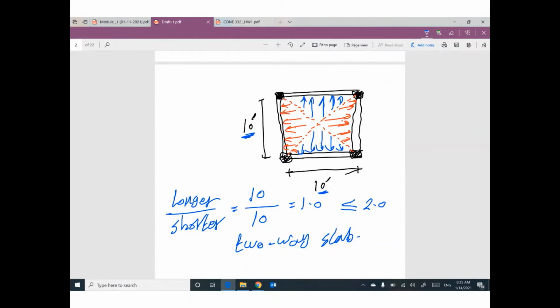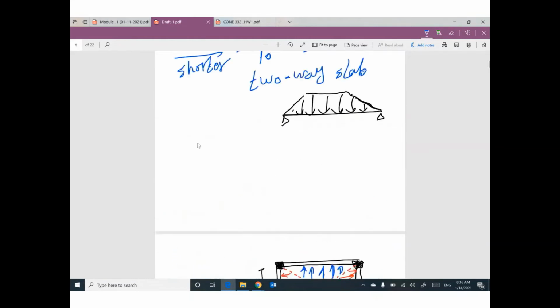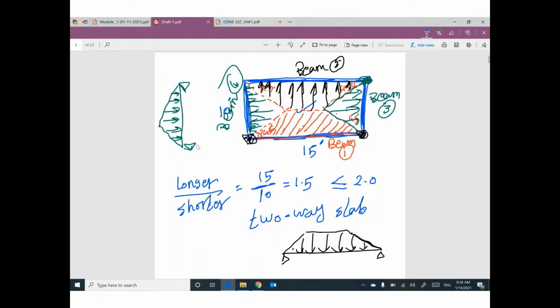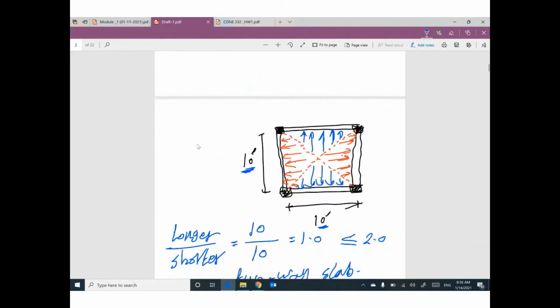So for a 2-way slab, you can find this envelope shape if you have a rectangular shape and longer divided by shorter is smaller than or equal to 2. Or you can find this shape if you have a square slab.